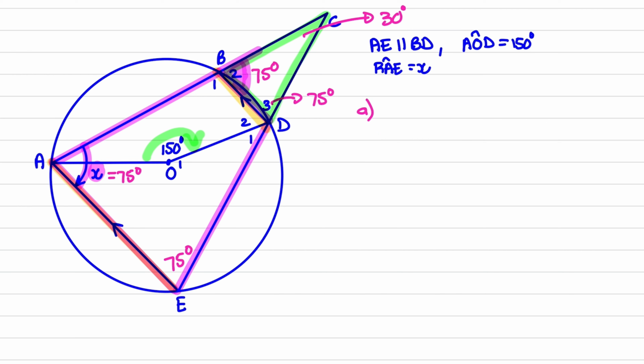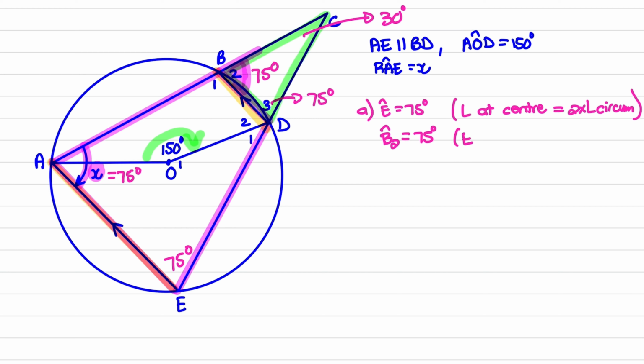To determine X, we said that angle E is equal to 75 degrees. And the reason is the angle at the center is equal to 2 times the angle at the circumference. Then we said that B2 is equal to angle E, which is also 75 degrees.